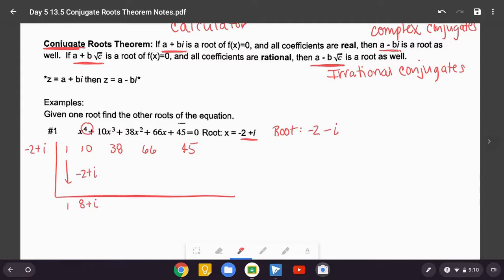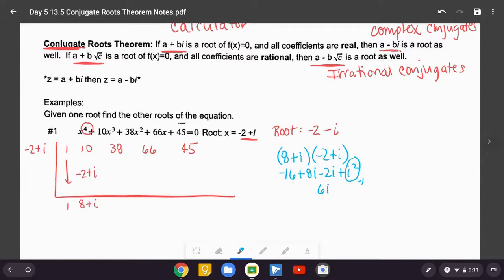All right, and then we need to multiply that. So I'm going to do this off to the side. We're going to do 8 plus i times -2 plus i. So that gives me -16 plus 8i minus 2i plus i squared, which simplifies to 6i. And then we know that i squared is equal to -1.